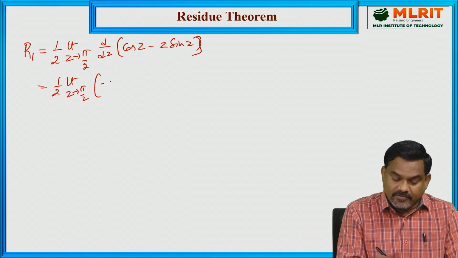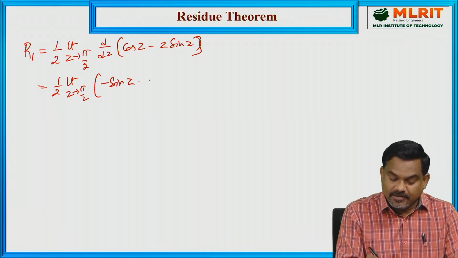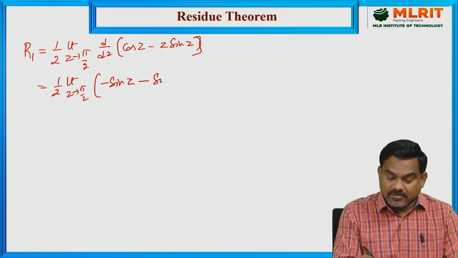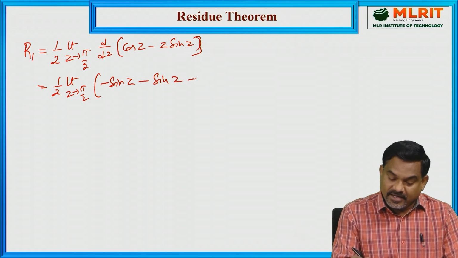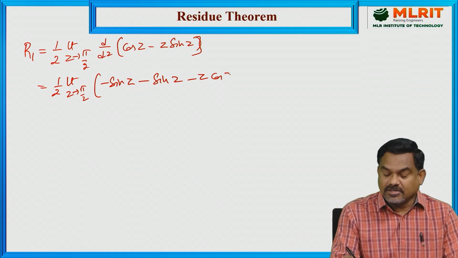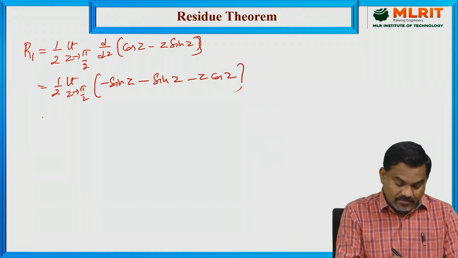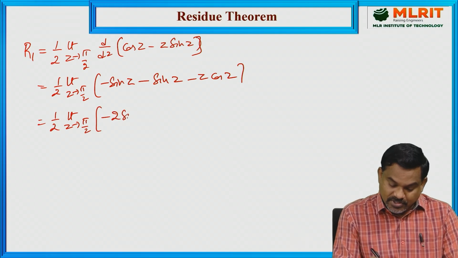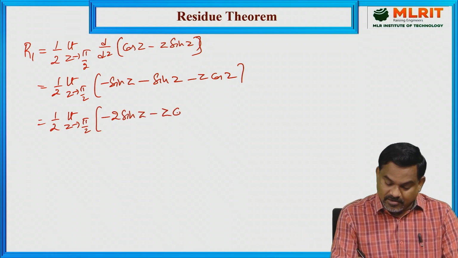Now the derivative of cos z is minus sin z, minus derivative of z is 1 into sin z, minus z into derivative of sin z is cos z. So which is half limit z tends to pi by 2 of minus 2 sin z minus z cos z.